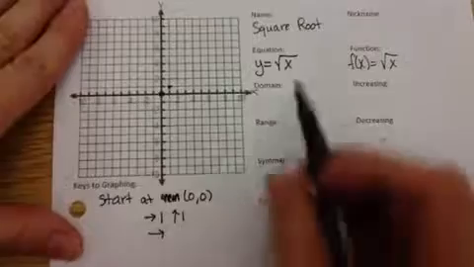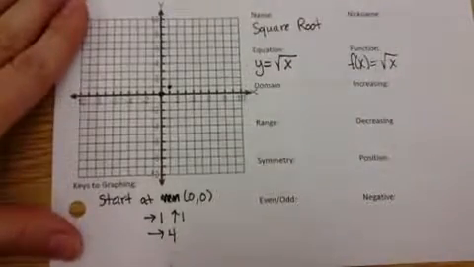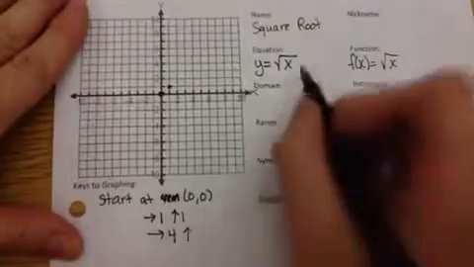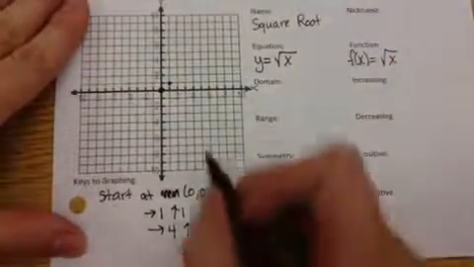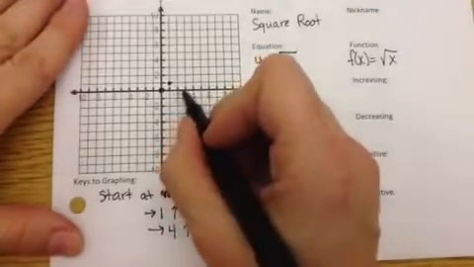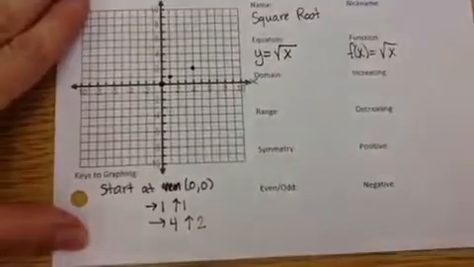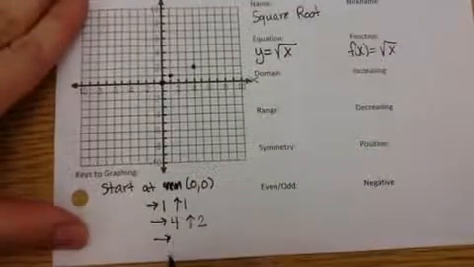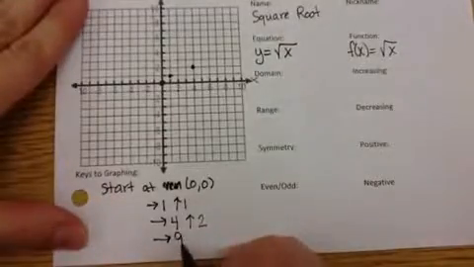So that would be my next point. Now the next value that I'd want to take the square root of would be 4, because 4 is a perfect square. And if I take the square root of 4, I'm going to get out a 2. So I would go from the vertex over 4, up 2. Then the next value I'd want to put in would be the perfect square of 9.